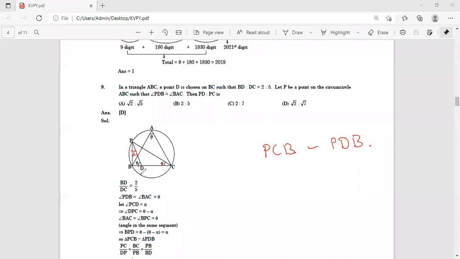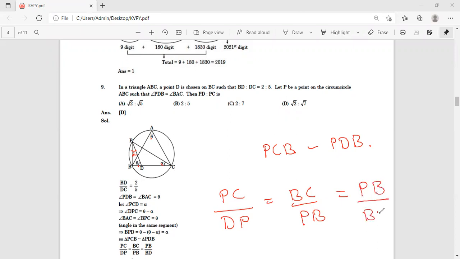So you can take the sides opposite to the same angle. So PC by DP is BC by PB is PB by BD.